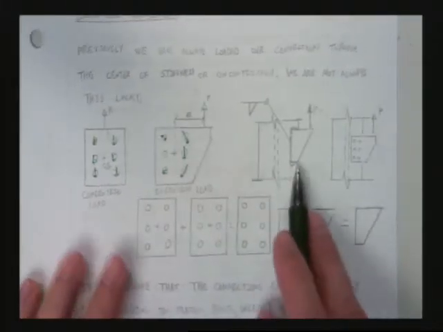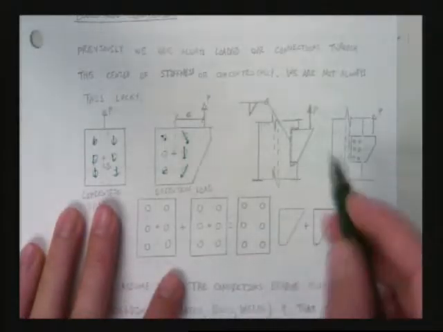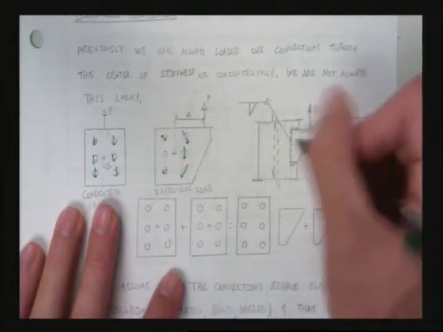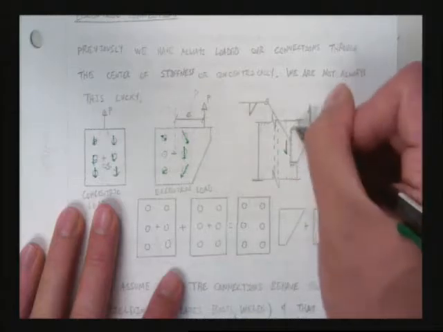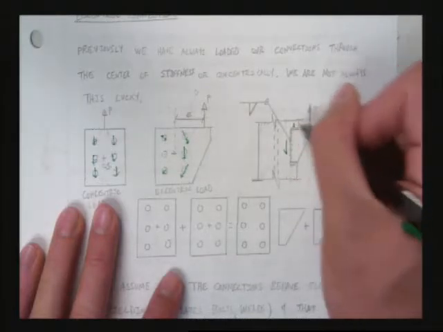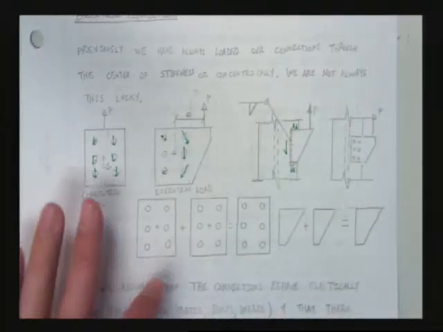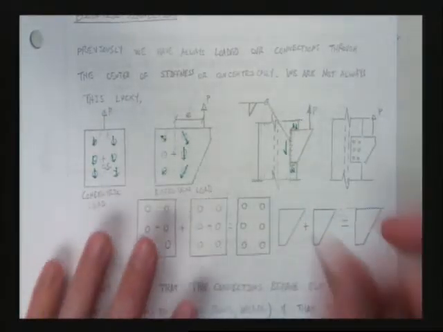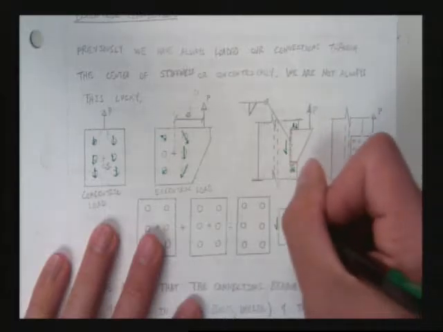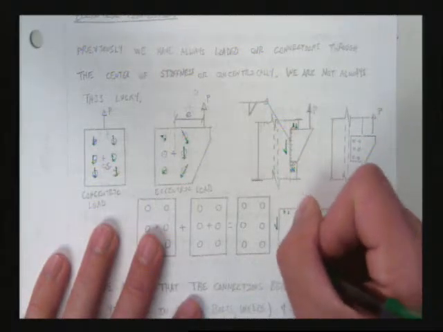We're going to do the exact same thing with welds. When we talk about loading it like this, we're going to have primarily shear on this weld and tension on this weld and on this weld, right? So we have some kind of stress here, some kind of stress here, some kind of stress here.